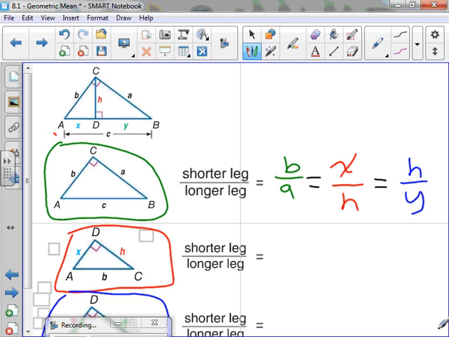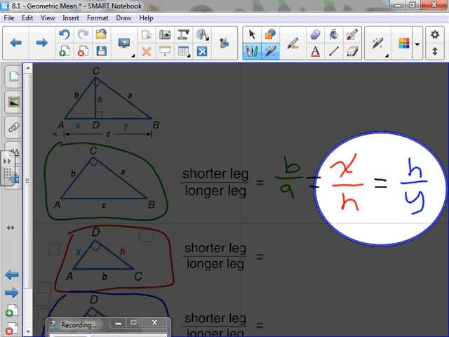Now we're going to come up with ratios for hypotenuse over shorter leg and hypotenuse over longer leg. For those of us who have seen trig already in physics, you might start to realize that some of these ratios are trigonometric ratios, but we're not going to say that explicitly for a couple more lessons.